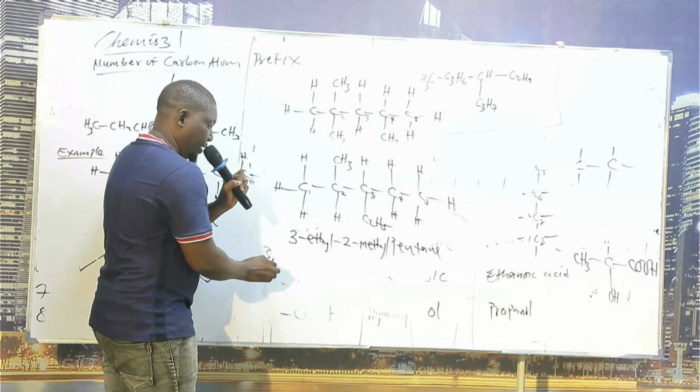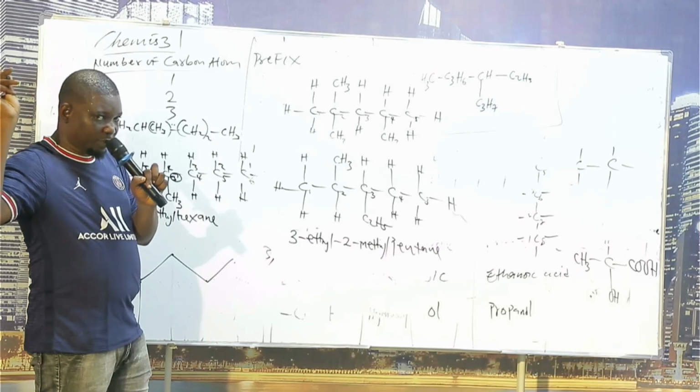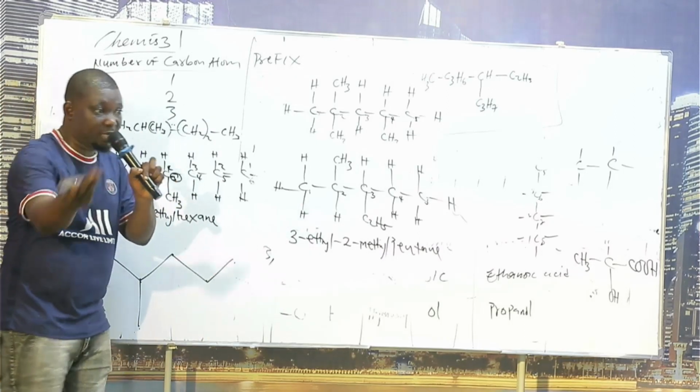Make sure whenever you are separating a number and an alphabet, you separate with a hyphen. Don't write 3, ethyl. In fact, you should write it down so you don't forget.